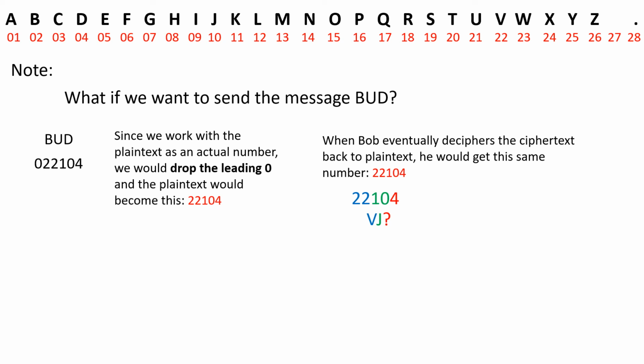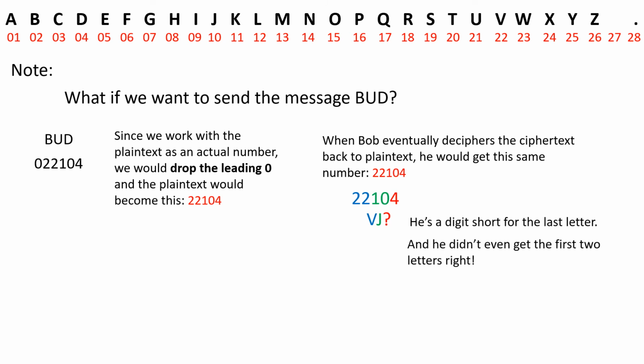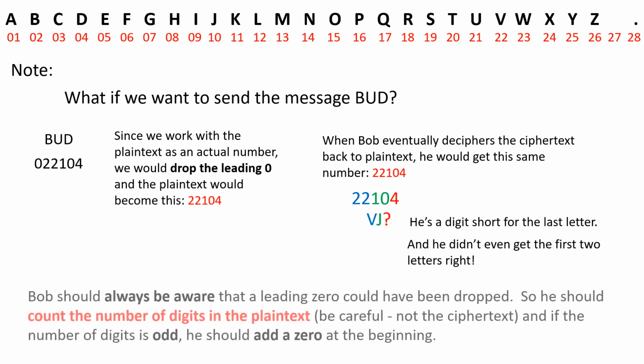All of the alphabet has two-digit numbers associated with them, so there's an 04, but there's no number just called 4. So he would not get bud like Alice originally intended. So here's the problem: it was because of that leading 0 that got dropped that he didn't even get this right.